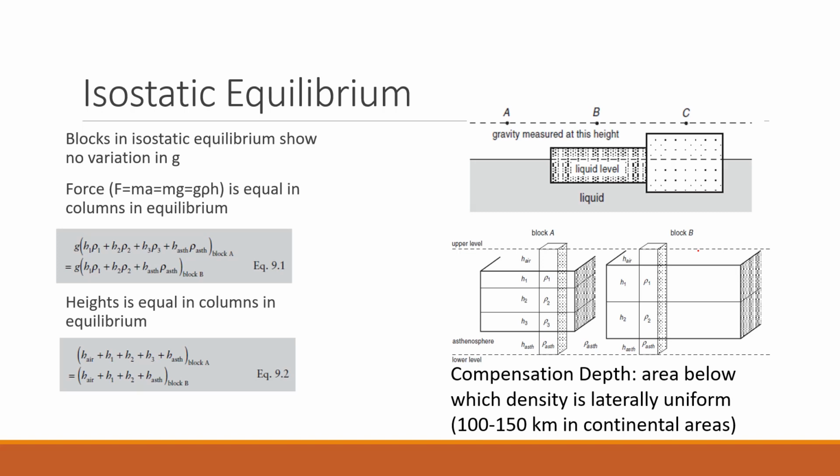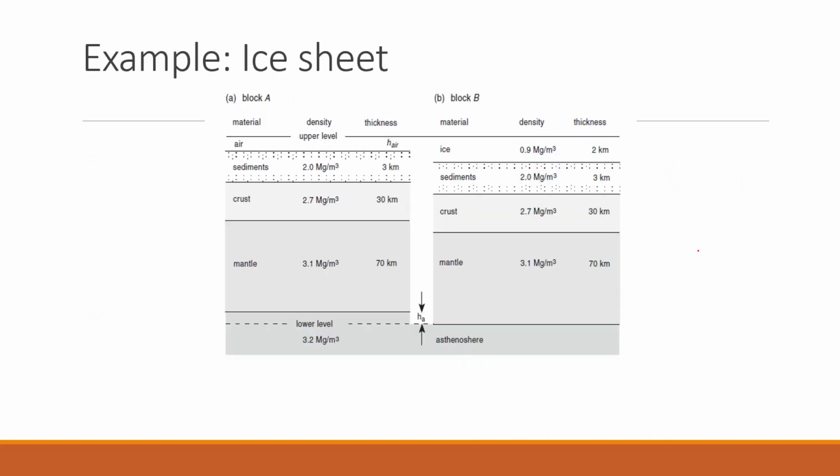Is there something supporting that mountain? If there's nothing supporting that mountain, it will respond. If we push things down, they want to come back up, or if we lift things up, they will go back down. So we can actually change our elevations due to the fact that we are changing heights. It seems really strange, but it can happen.